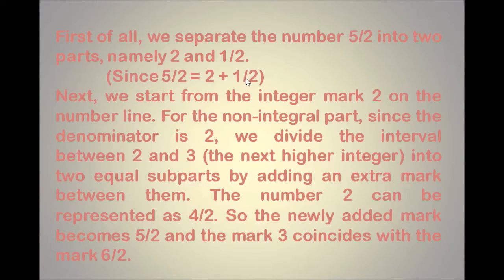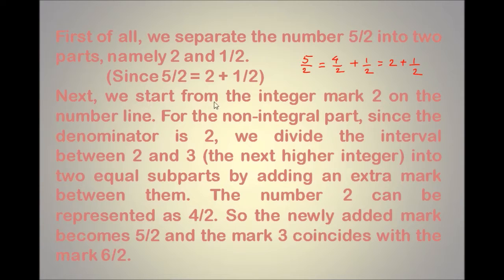One is 2 and the other is half, because we have done minus 5 by 2. Same is the case with plus 5 by 2. 5 by 2 is equal to 4 by 2 plus half, 1 by 2, which is in turn equal to 2 plus 1 by 2. So we are getting 5 by 2 equal to 2 plus 1 by 2.